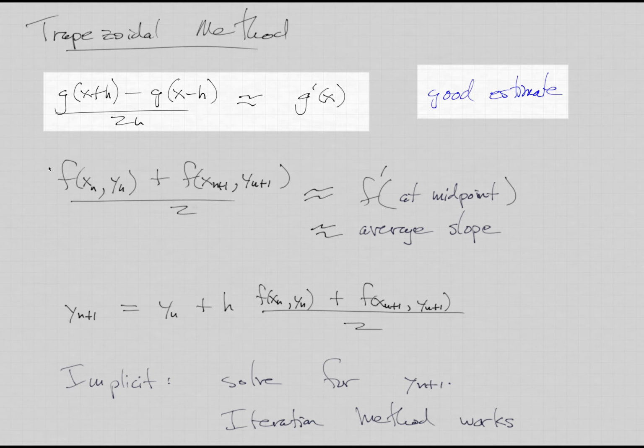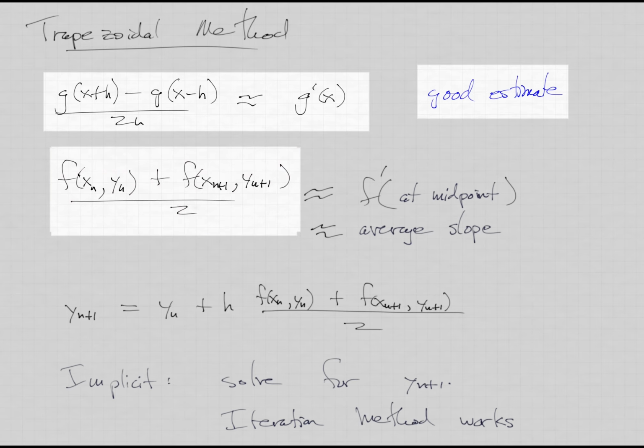What we do is we try to say that an estimate for the average slope from xn to xn plus 1 would probably be the slope at a point halfway between them, and that would be approximately given by this formula, right?